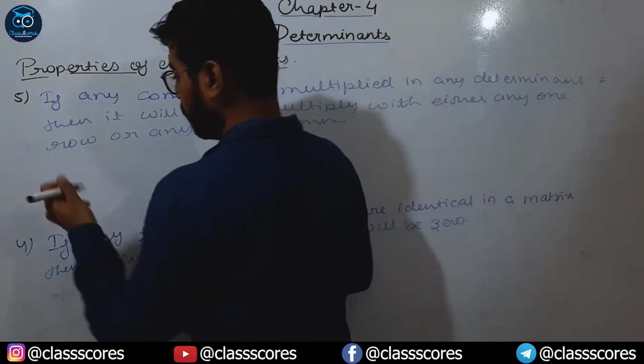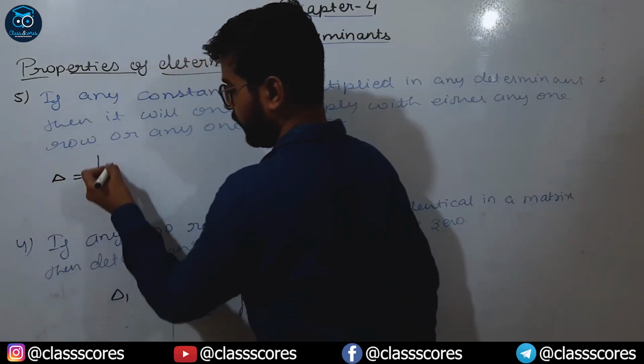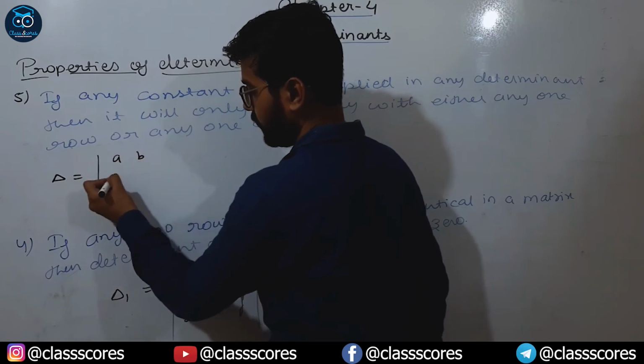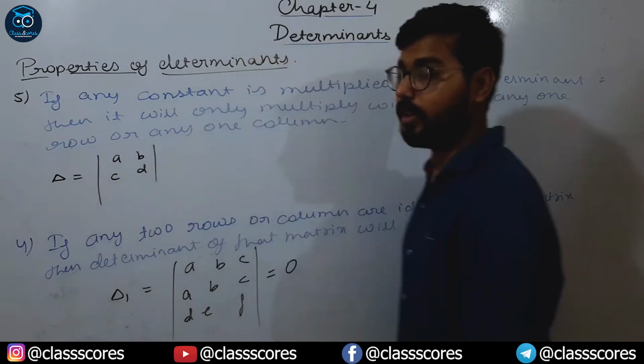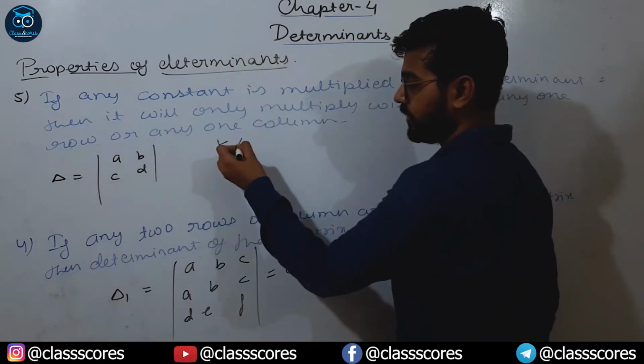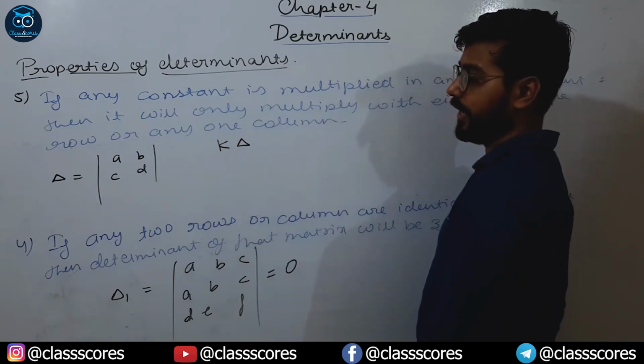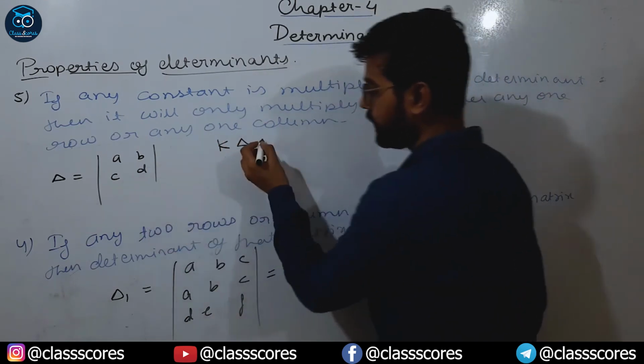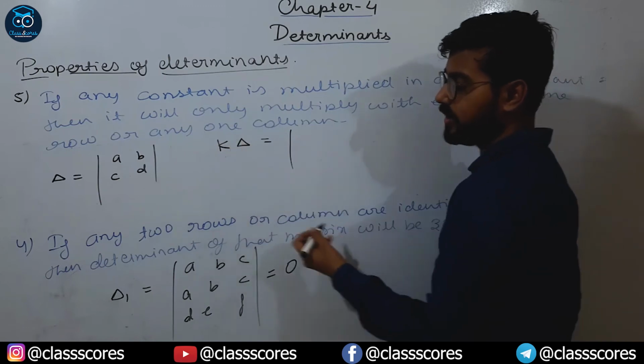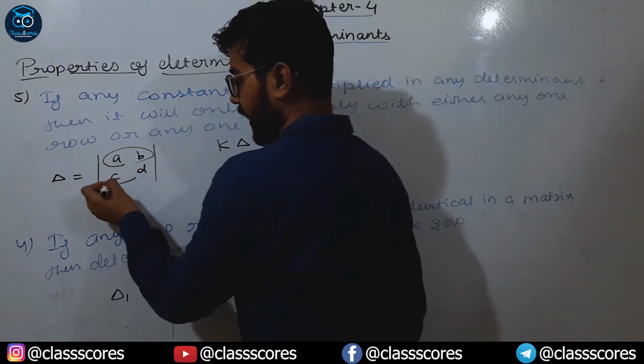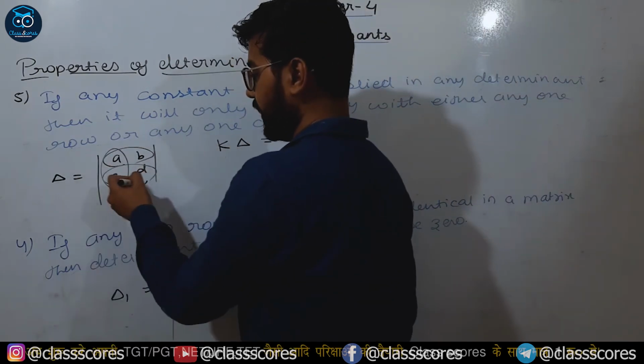Suppose a determinant is given. It is A, B, C, D. Now we need to find K delta, means we need to multiply K. So we can multiply this K in any one row or any one column.